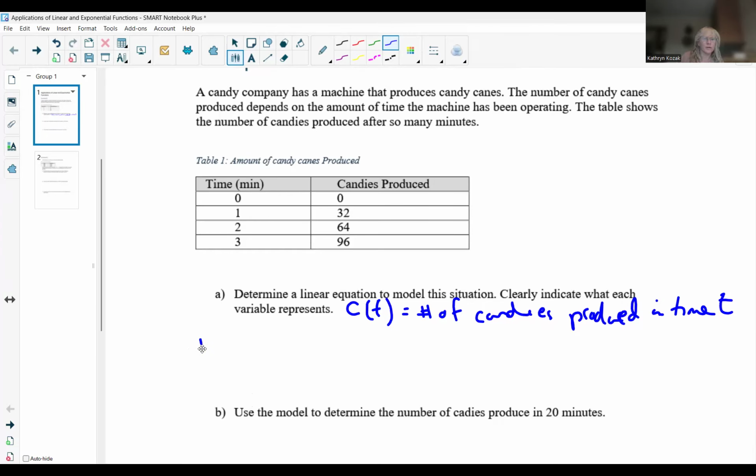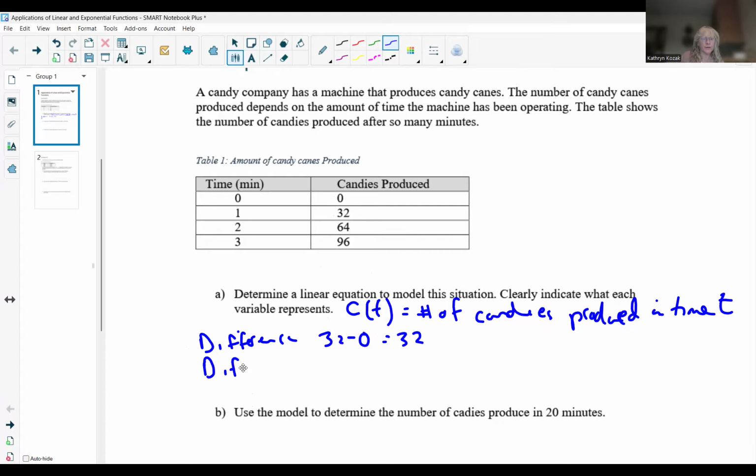What we notice is the difference from the 0 minute to the first minute is 32 minus 0. We produce 32 in the first minute and 0 in the 0 minute. That gives me 32.